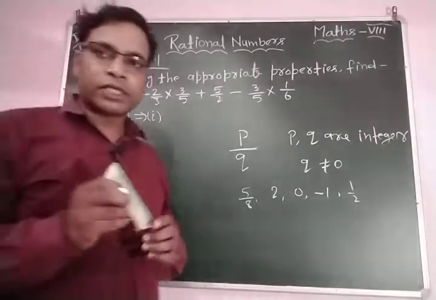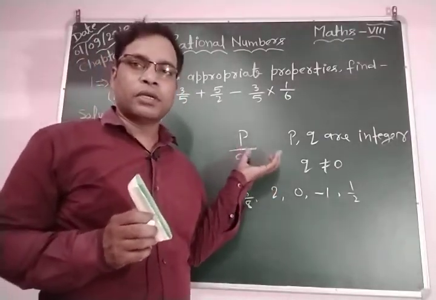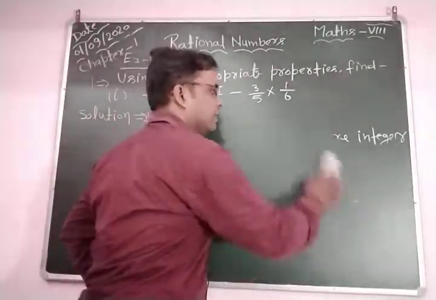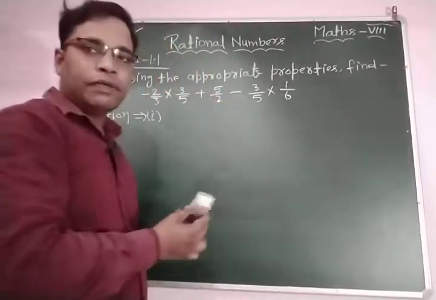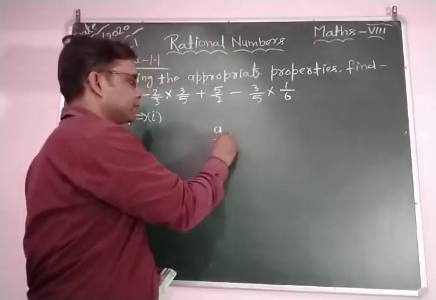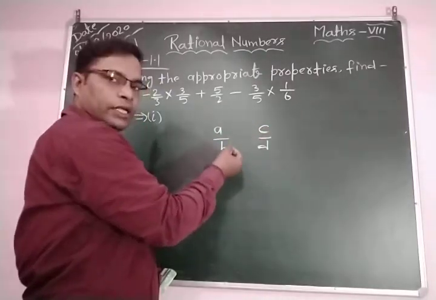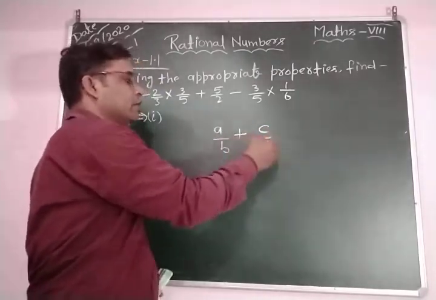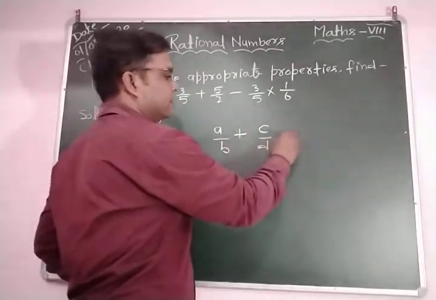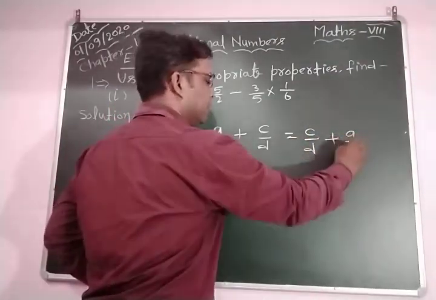So first we discuss the properties of rational numbers. What is the commutative property? If you take two rational numbers a by b and c by d, then a by b plus c by d is equal to c by d plus a by b.